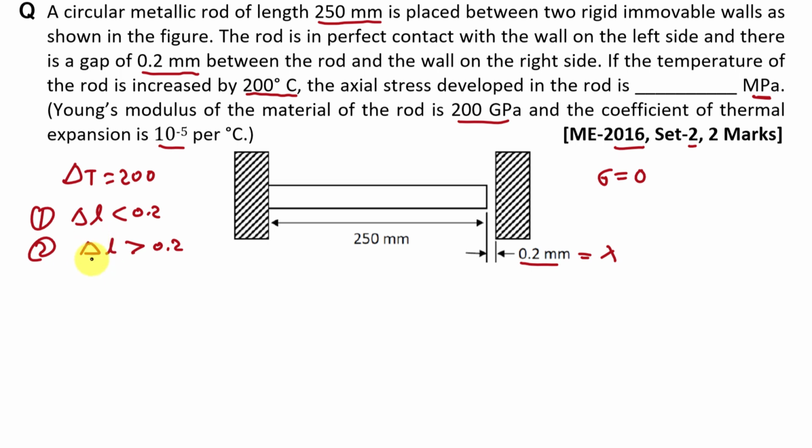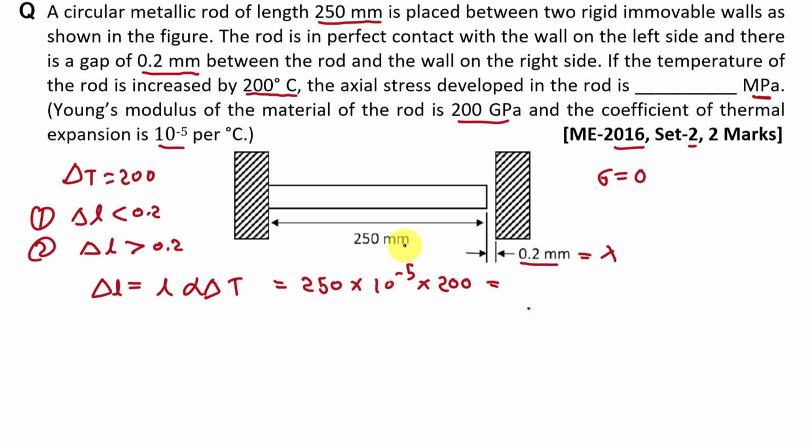Fine. So first of all we will find the change in length delta L. We know the equation to find the change in length. It is L alpha delta T. Here L is the initial length, that is 250 mm. So it is 250 into alpha, which is 10⁻⁵, into delta T, which is 200.